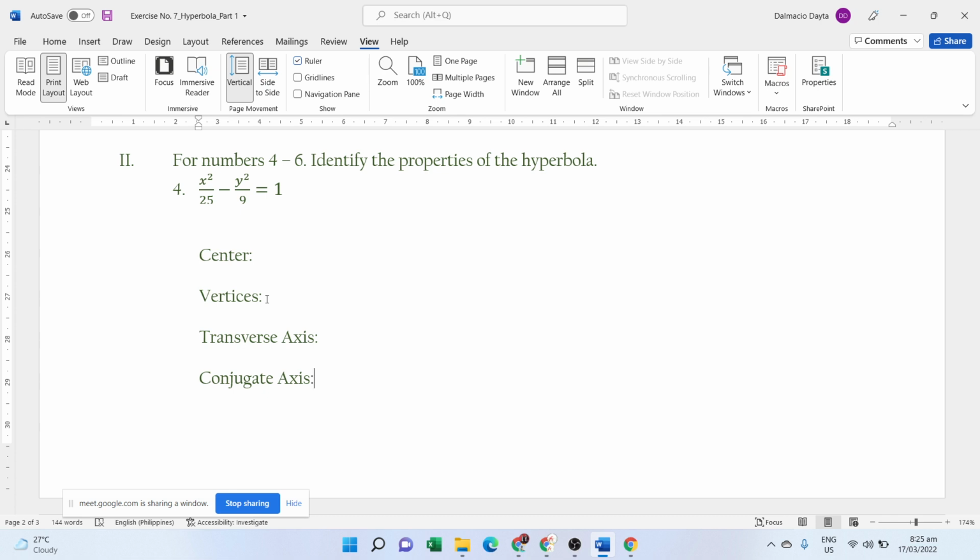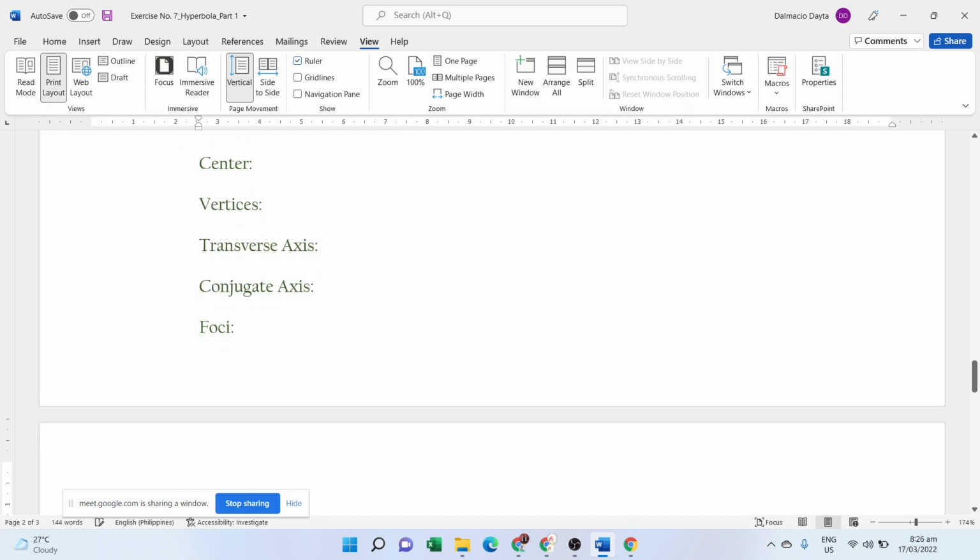However, those two coordinates b and b prime are important in graphing, or identifying the graph of the hyperbola. Later, I will show you how to easily graph the hyperbola with center at the origin, using the co-vertices. Okay, so next to conjugate axis, we have the foci.